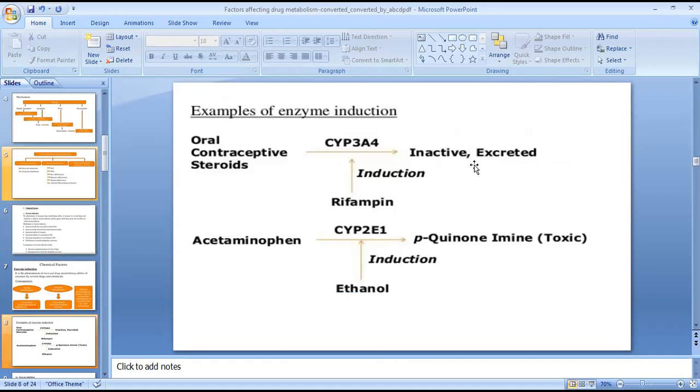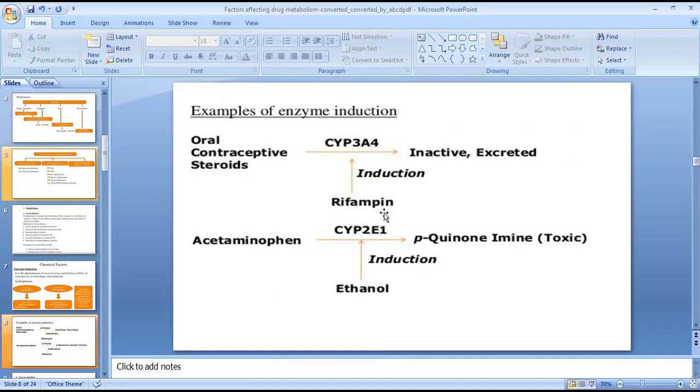So, examples of enzyme induction. What happens when enzyme induction is done? Now, if a person takes an oral contraceptive, that is a steroid, this enzyme is going to metabolize that contraceptive. So what happens? The cytochrome 3A4 will metabolize this contraceptive into an inactive form and it will be excreted out.